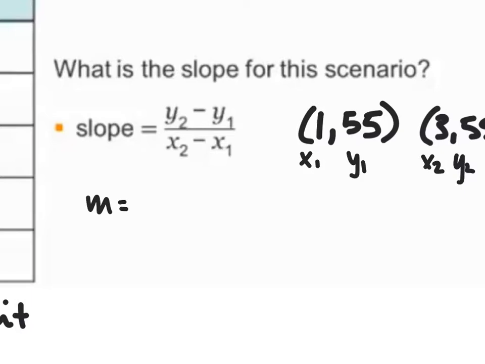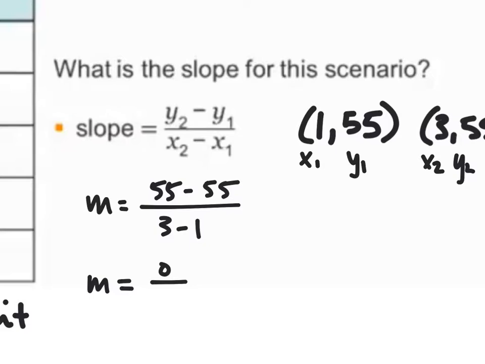My slope is 55 minus 55 over 3 minus 1. 55 minus 55 is 0, and 3 minus 1 is 2. Now 0 divided by 2 is 0, so my slope is 0.